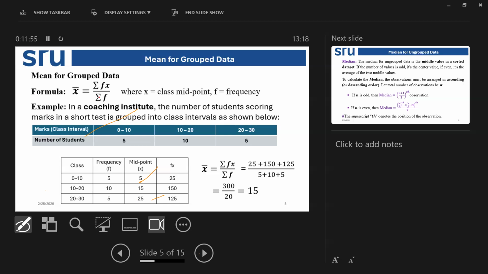When you are dealing with grouped data, we have formulas here. Here, sigma fx by sigma f, this we can also write as capital N. So N is the total frequency. Listen here.